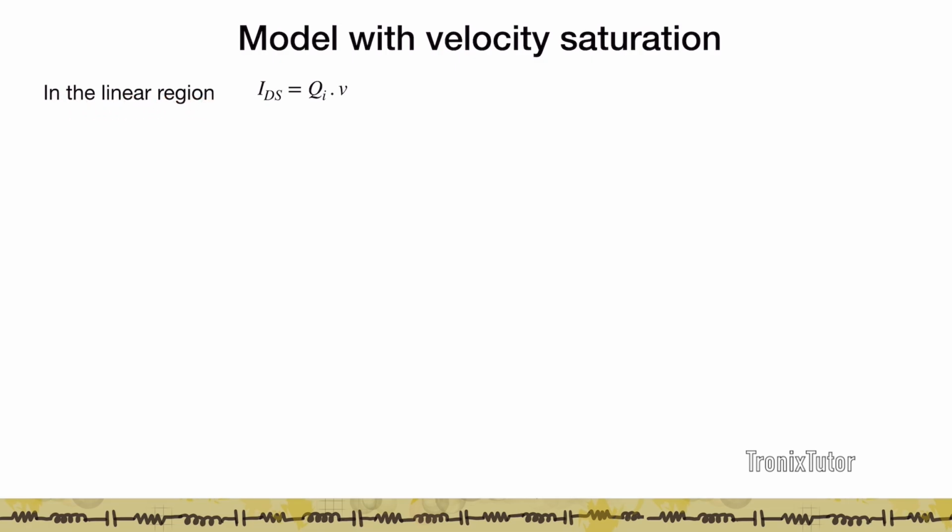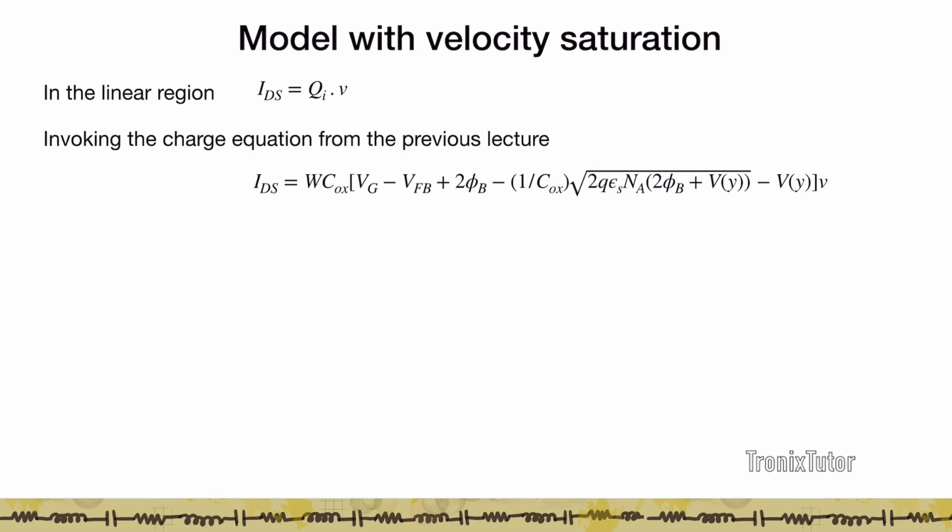So in the linear region, we know that IDS can be given as the inversion charge times the velocity of this inversion charge. If I invoke the charge equations from the previous lecture, IDS can be given by W Cox into Vg minus this expression, and that falls as a function of V of y into V. Now this term looks like the Vt of the device, right?